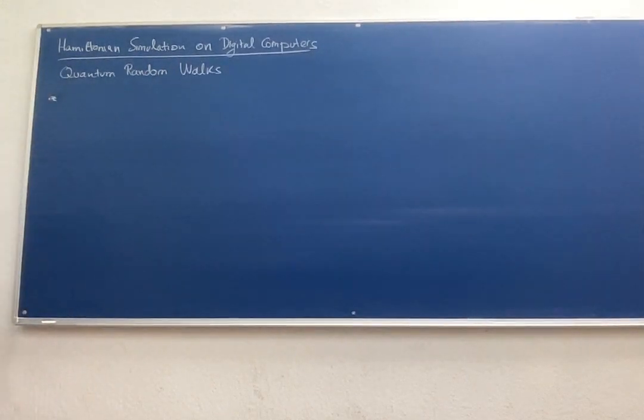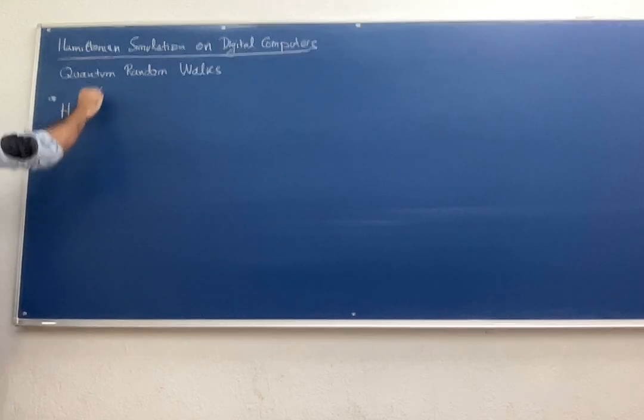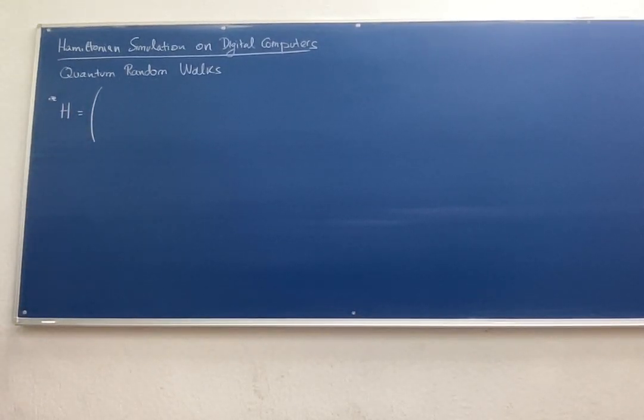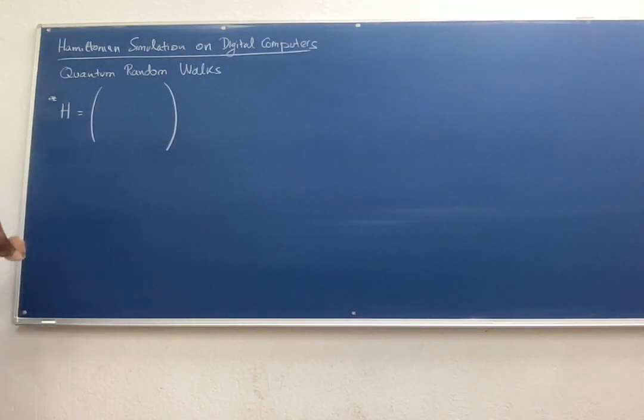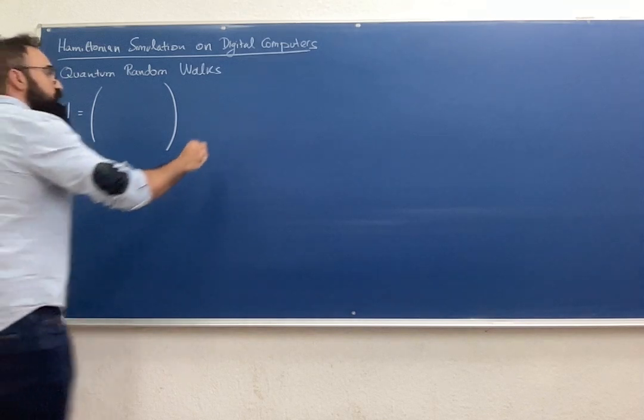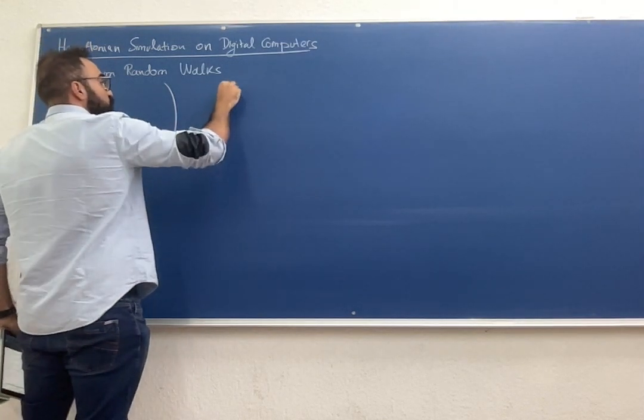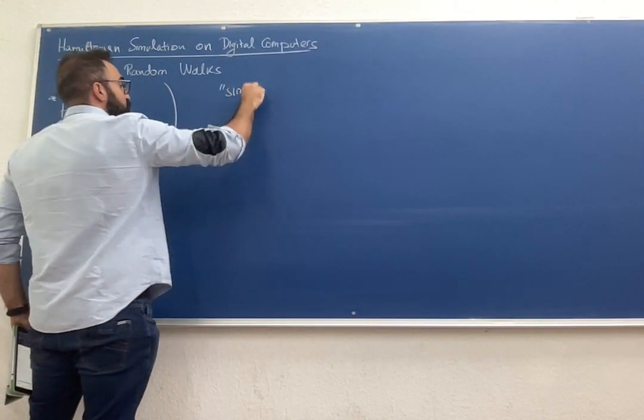As I have said, we're going to talk about Hamiltonian simulation, and let's suppose that we are given a Hamiltonian, obviously as a discrete matrix, because we are on digital computers. So we have a certain Hamiltonian given by a matrix, and our task is to simulate. What do we understand as simulating?